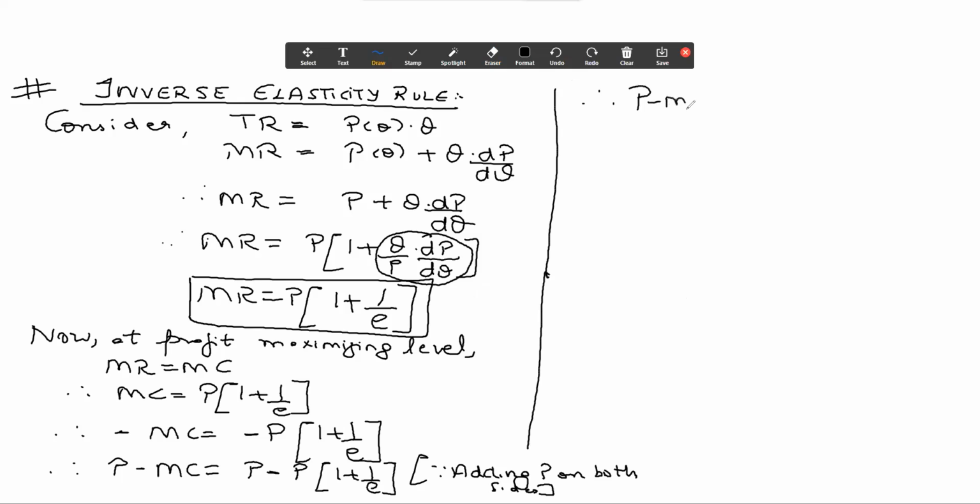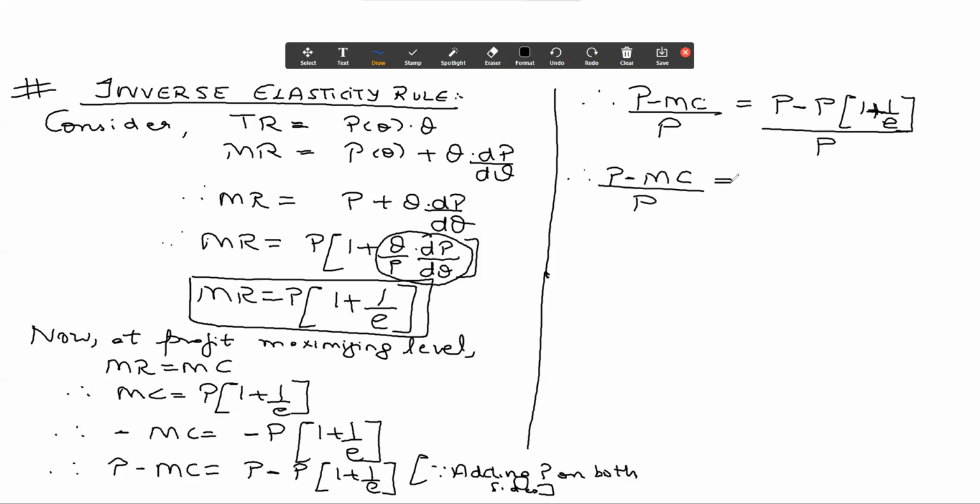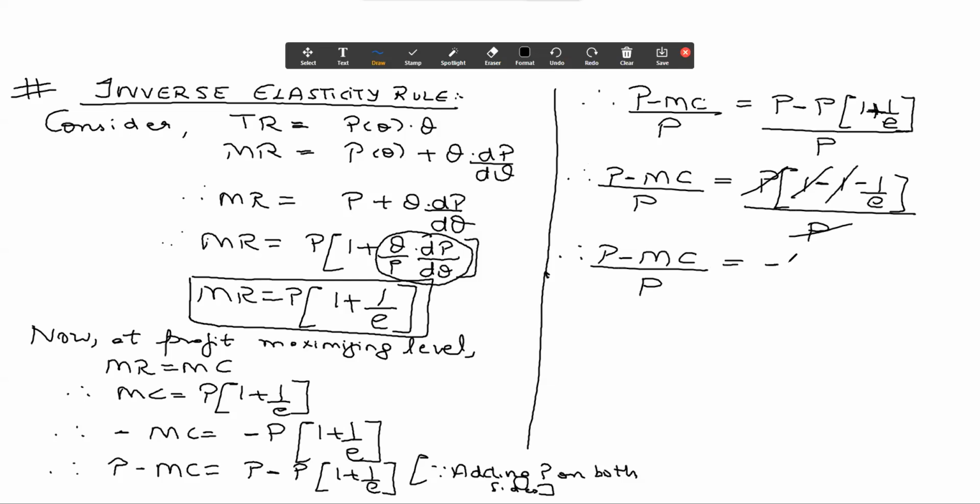P minus MC by P is equal to P minus P times 1 plus 1 upon E, divided by P. Therefore, P minus MC by P is nothing but P times minus 1 upon E, upon P. P and P cancel. So P minus MC by P is nothing but minus 1 upon E.